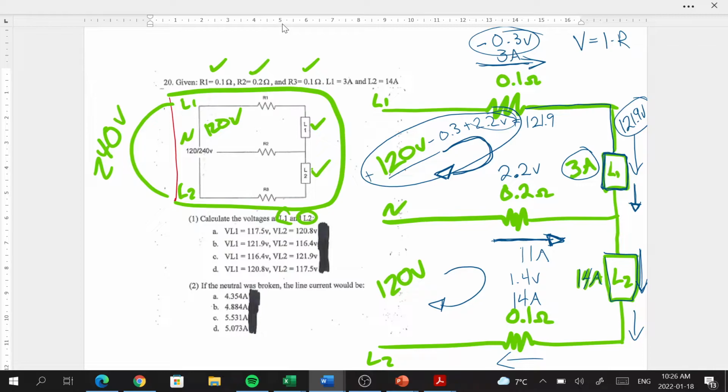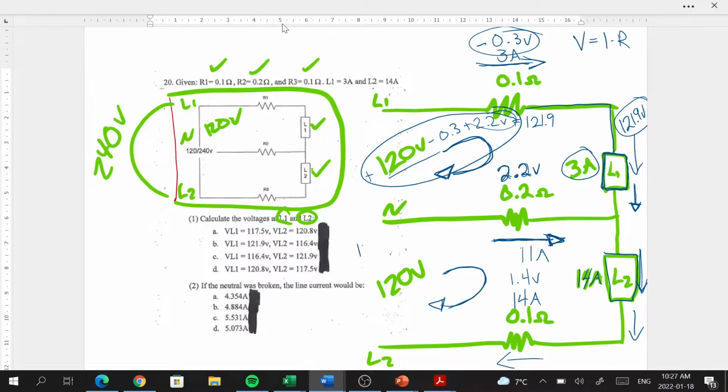Okay. Let's do the second half of the question. So between neutral and line 2. And this time I want you to recognize that the voltage drop on our neutral here, it's actually going to be a drop.